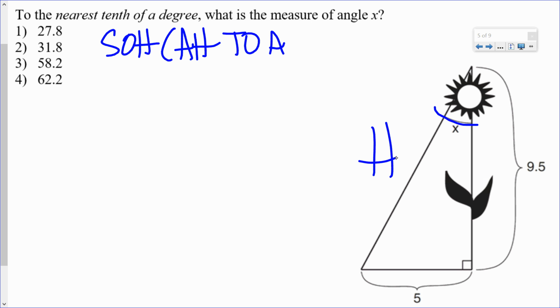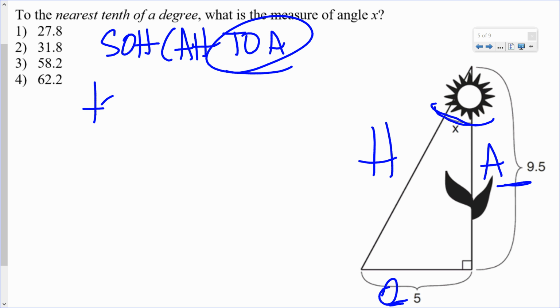Okay, we start with the H. The angle connects the H with the A, which makes this my O. Which two are involved? Well, O is 5, A is 9.5, TOA.